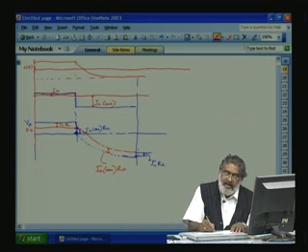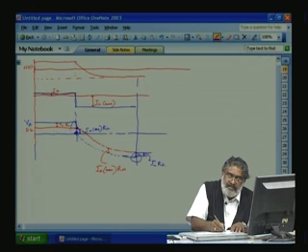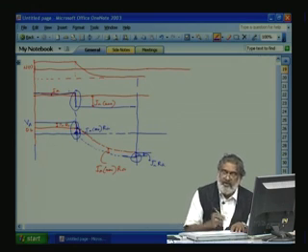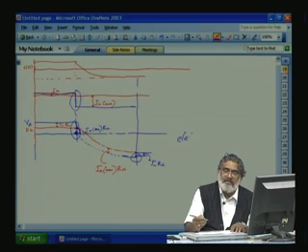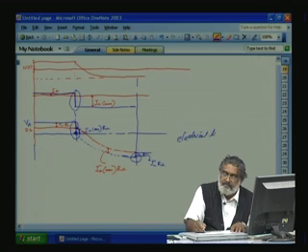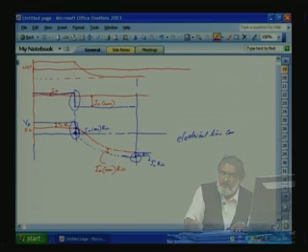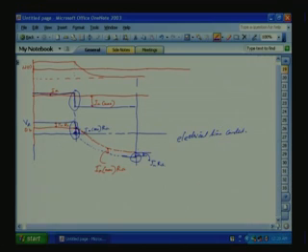If we expand these points, all this happens with respect to the electrical time constant, that is LA, the armature inductance, divided by RA. And this speed change from here to here is due to the mechanical time constant.